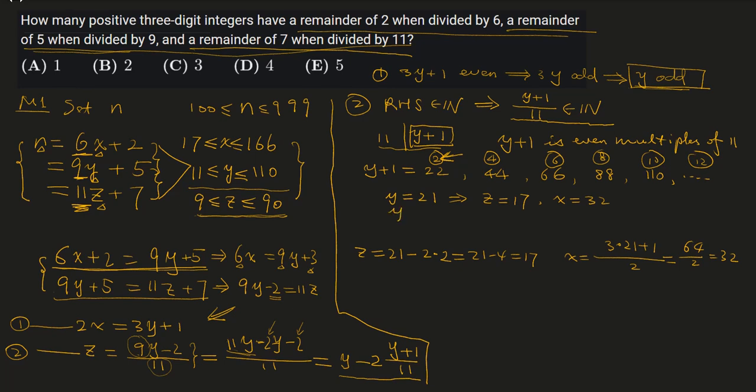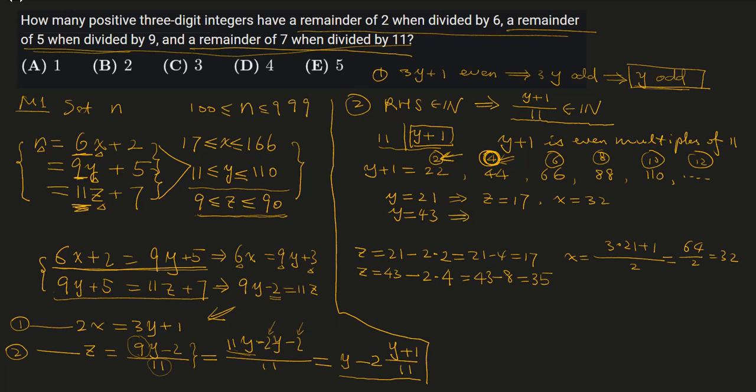The next option is y equals 43. That's when y plus 1 equals 44, 4 times 11. At this time, z equals 43 minus 2 times, and y plus 1 is 4 times 11. Here, 4 times 11, right? So 2 times 4. That equals 43 minus 8 equals 35.